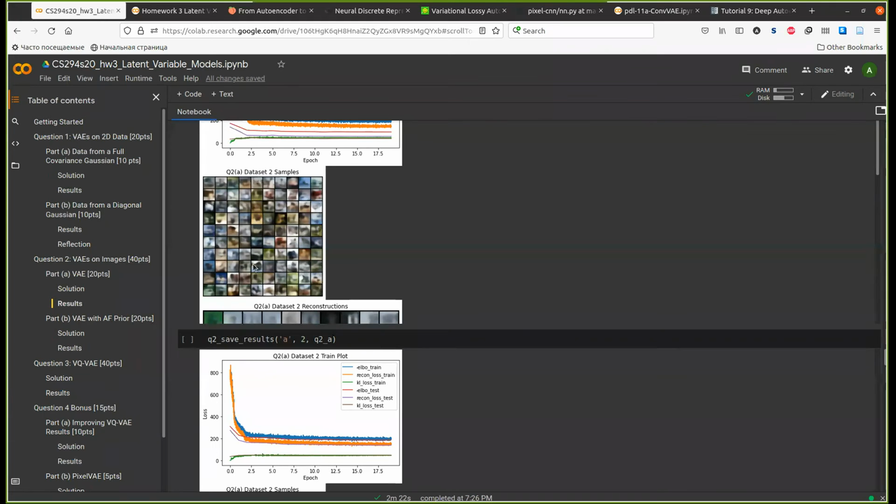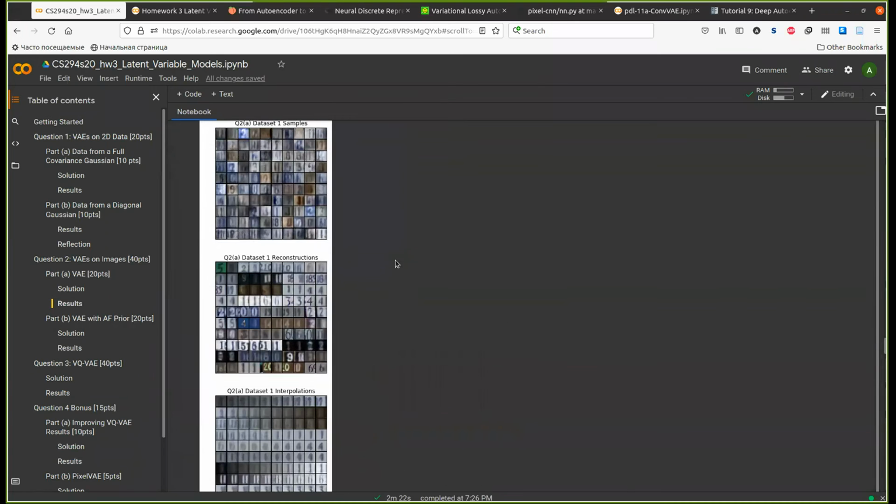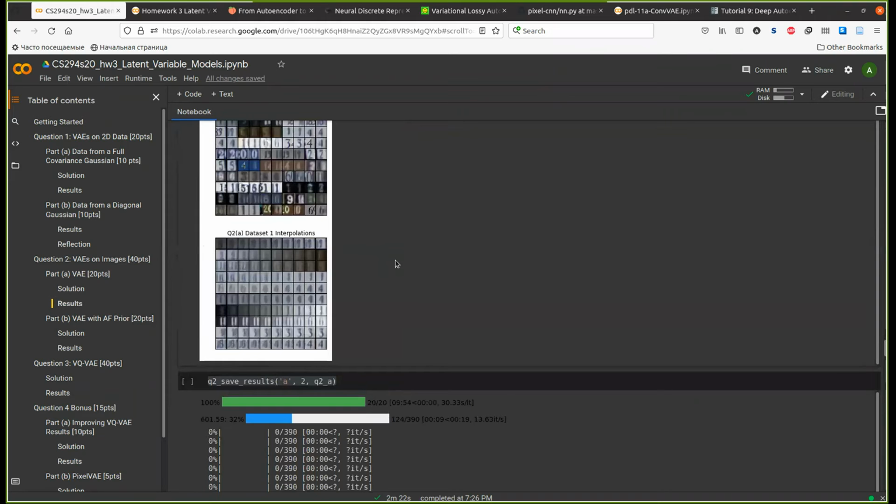So the structure of the latent space we want to learn is really complicated. It should resemble a lot of the structure of natural images in general, right?